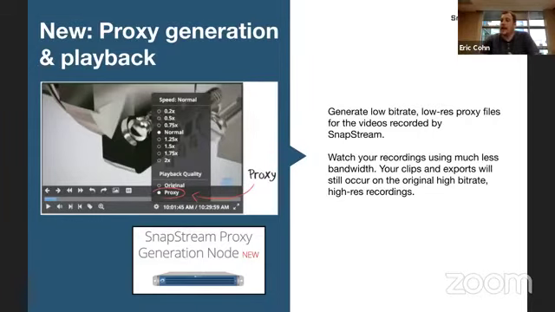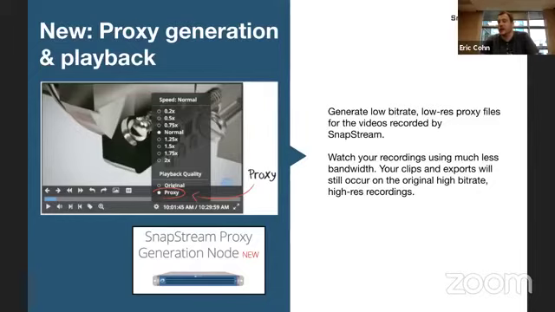Now 9.2, we made a big jump by adding proxy generation and file playback into the software. This is the capability to generate low bit rate, low resolution clips right inside SnapStream. So you can be watching either the original content or the proxy content.